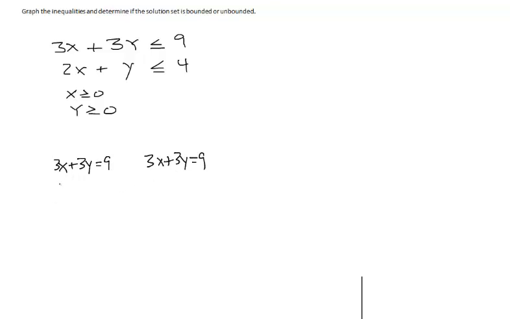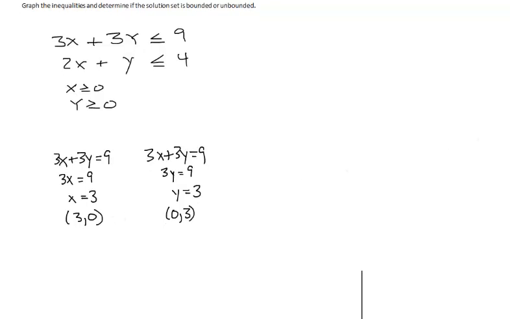So if I put 0 in for y, I get 3x is equal to 9 and x is equal to 3. And if I put 0 in for x, I get 3y is equal to 9 and y is equal to 3. So I know that 0, 3 is a point on this line and 3, 0 is a point on this line.